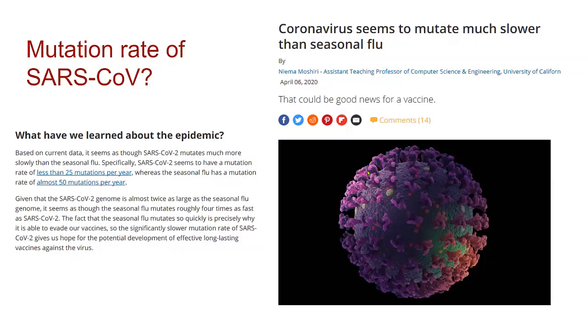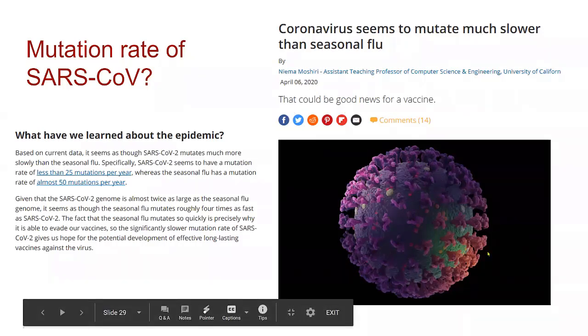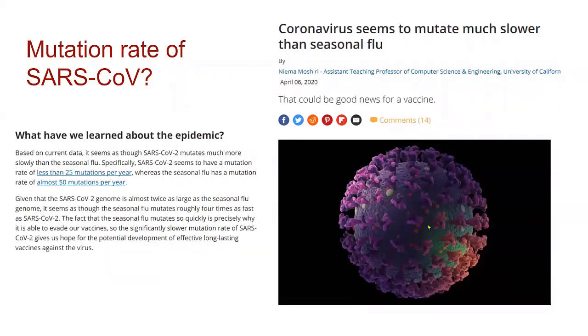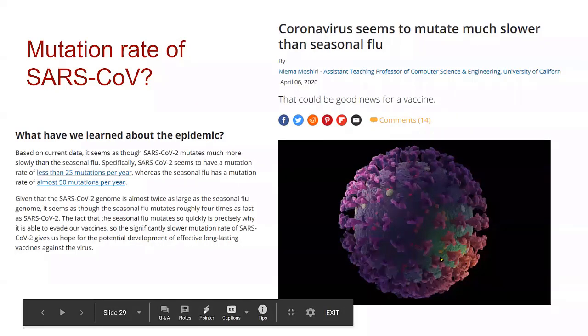That's good news. So it's not changing its surface proteins as fast as flu does. So that suggests maybe you can make a vaccine and your body will recognize the coronavirus. I mean, ideally for life, that seems unrealistic in this case, but at least for a year, 2 years, 5 years.